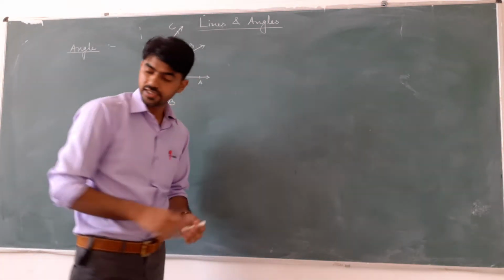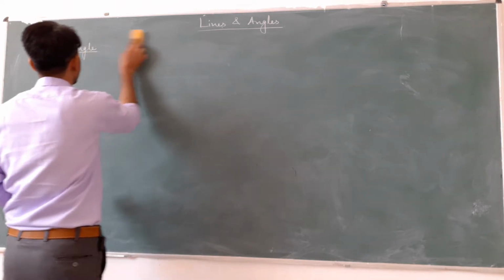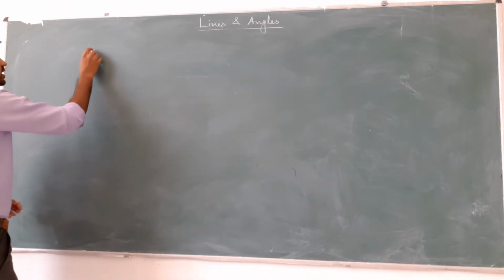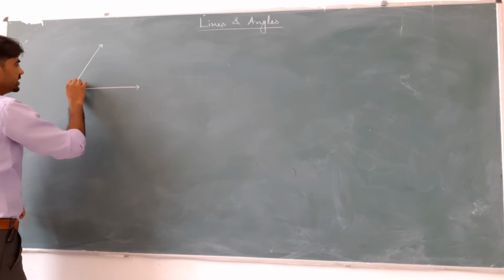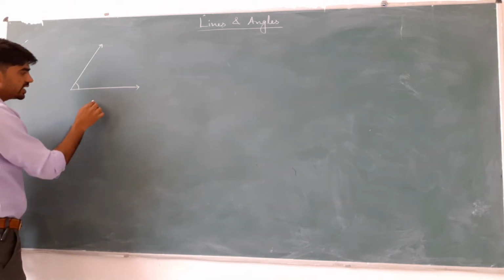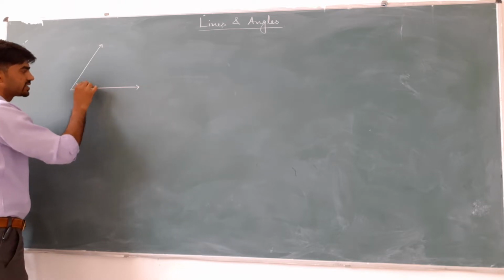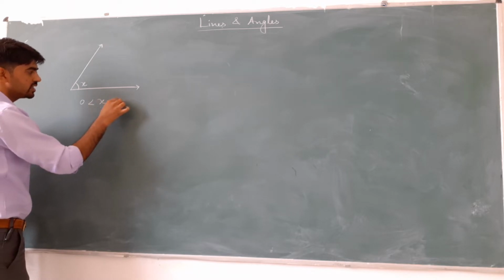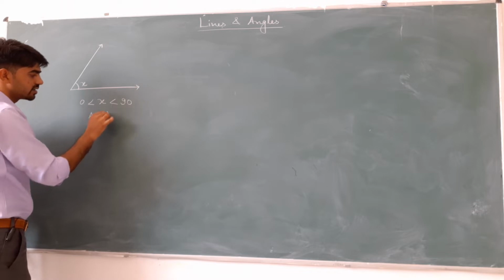We have seen in earlier classes also. Let's have a quick look at all of them. We have an angle which is less than 90 degree but greater than 0. Suppose this is angle x, so angle x which is greater than 0, less than 90 degree is called acute angle.